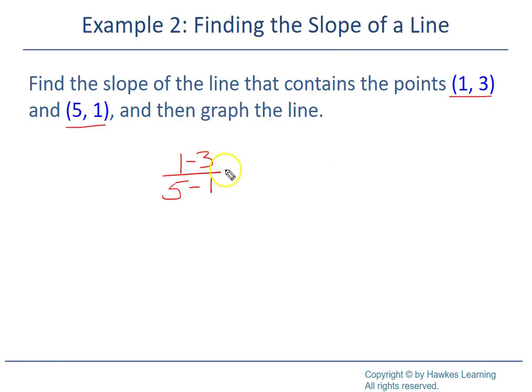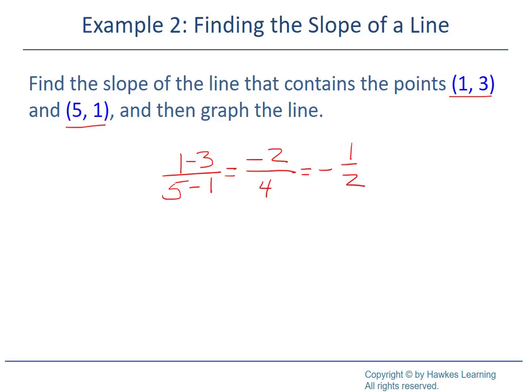So as we do the calculation, this is going to be a negative 2 over 4. And that reduces to a negative 1/2. So the slope is a negative 1/2. And now they're going to ask us to plot these on a graph and get the actual line.